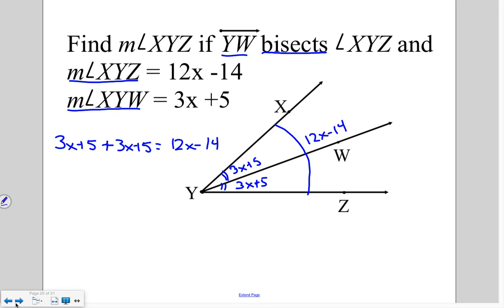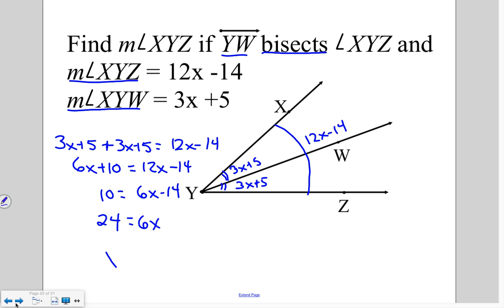Combining like terms gives me 6x plus 10 equals 12x minus 14. Subtracting 6x on both sides, I get 10 equals 6x minus 14. 12x minus 6x is 6x again. Adding 14 to both sides, I get 24 on the left equals 6x.